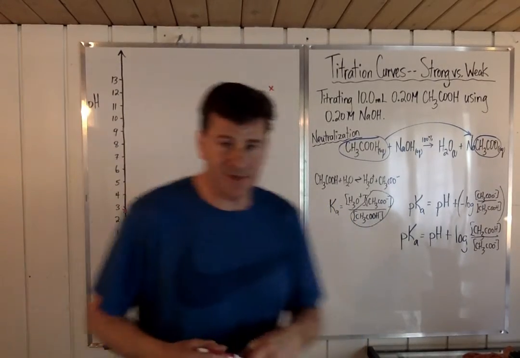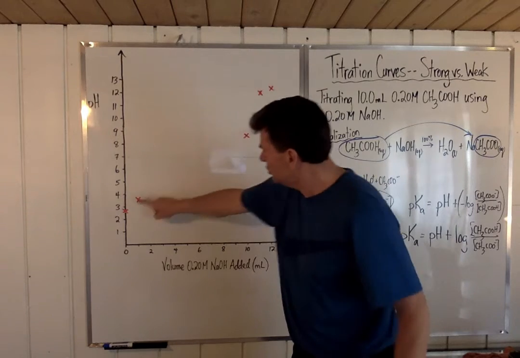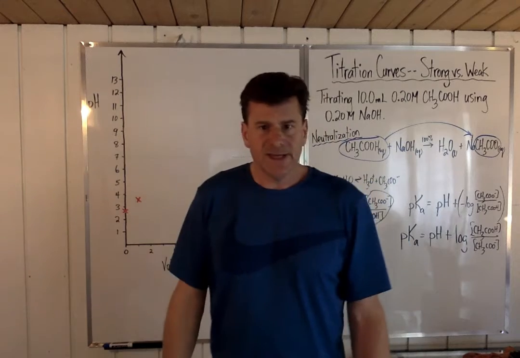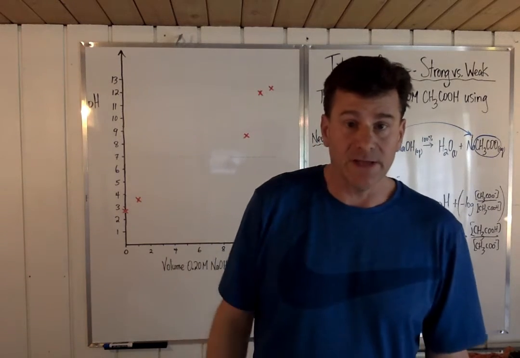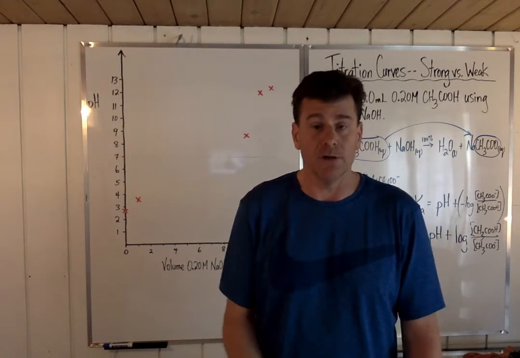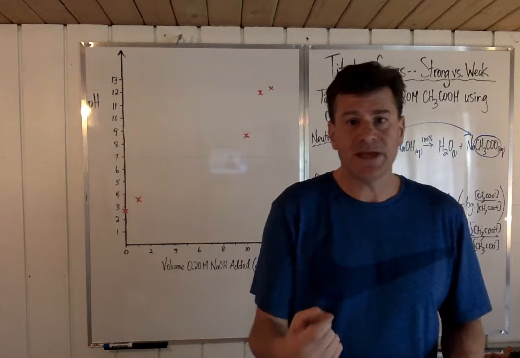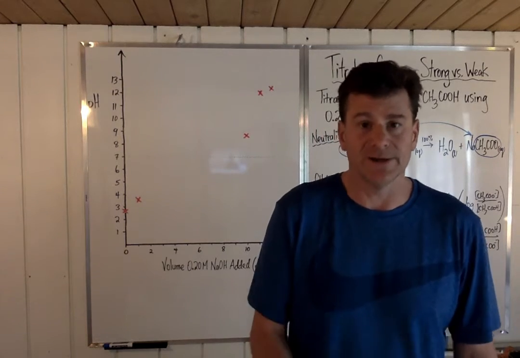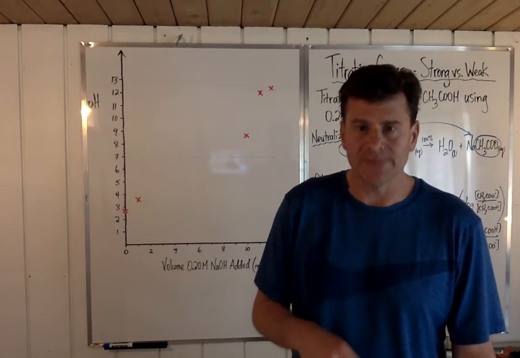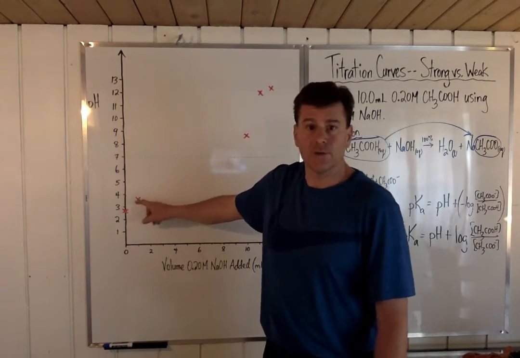Look at the trajectory it's going. It's rising very quickly, way more quickly than you would ever anticipate. That's very typical of a strong-weak titration: the change in pH in the first milliliter is usually a significant change. So that goes up pretty quickly.